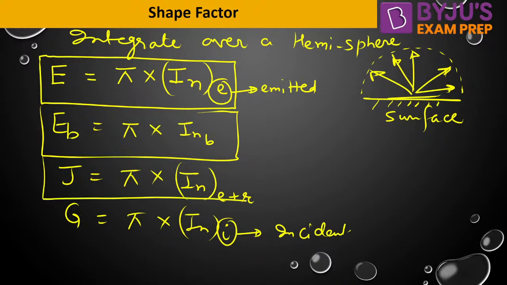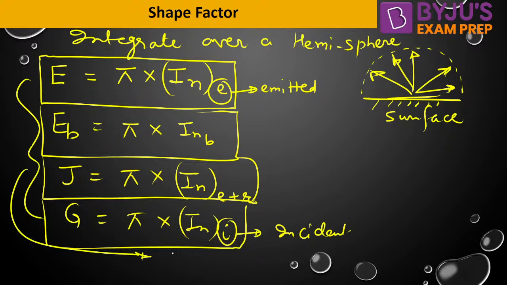That is how we can relate the intensity. The unit of these parameters is watt per meter square. Watt per meter square. Isn't it? Is this clear?